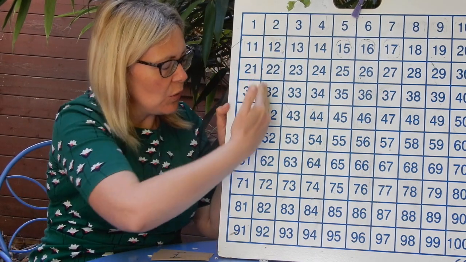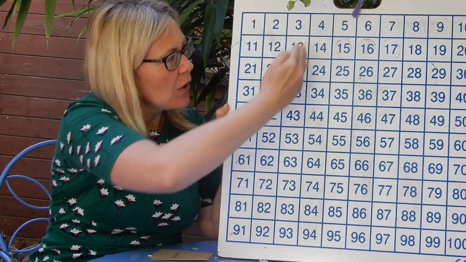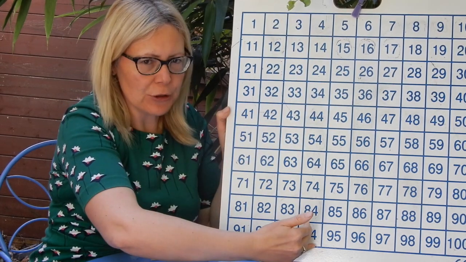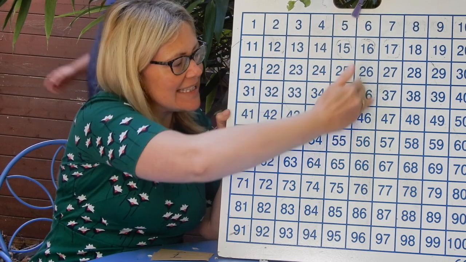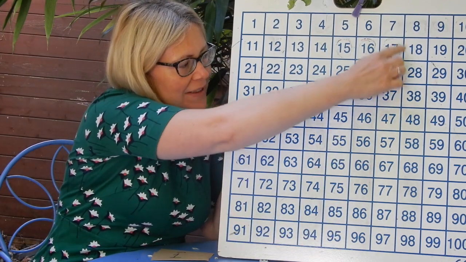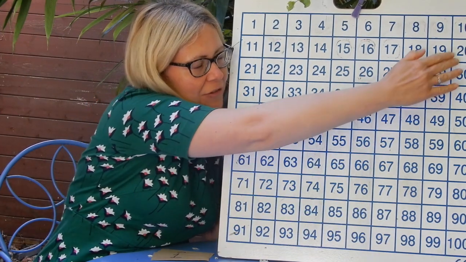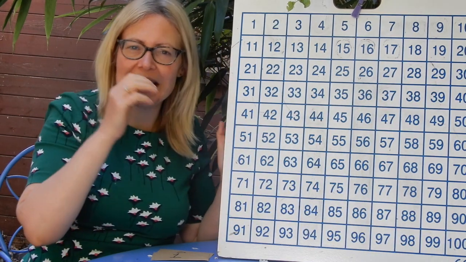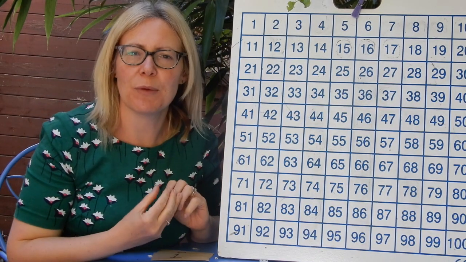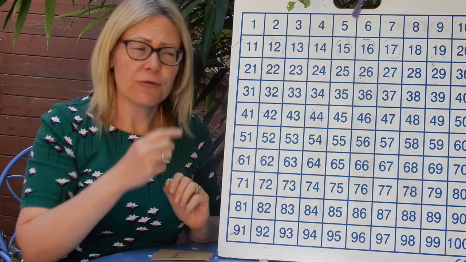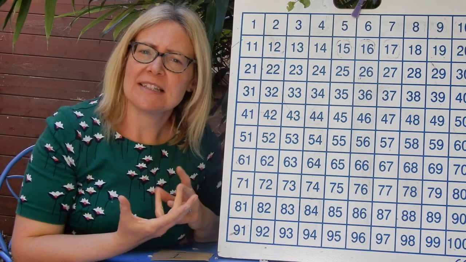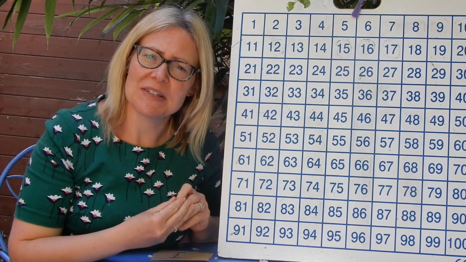So they are all the ones that end in a 2, all the ones that end in a 4, all the ones that end in a 6, the ones that end in an 8, and on the very end, the ones that end in a 0, okay? So they're all the ones we count when we're counting in 2s from the number 2. And they are indeed all the even numbers as well.